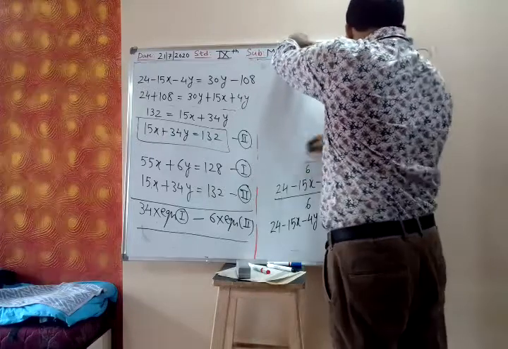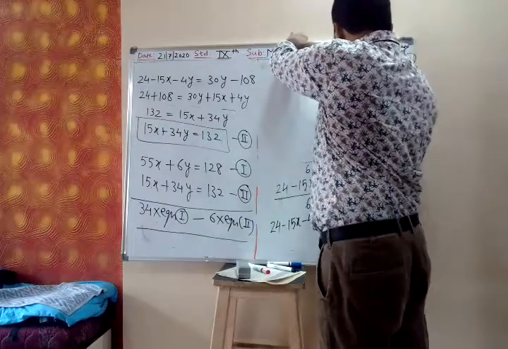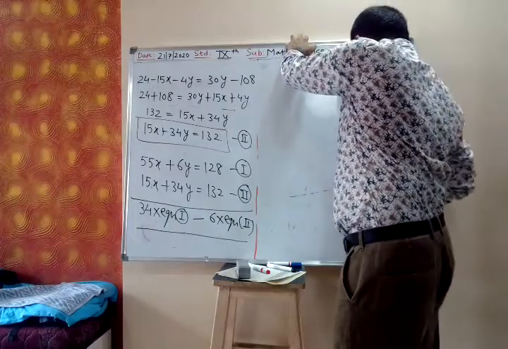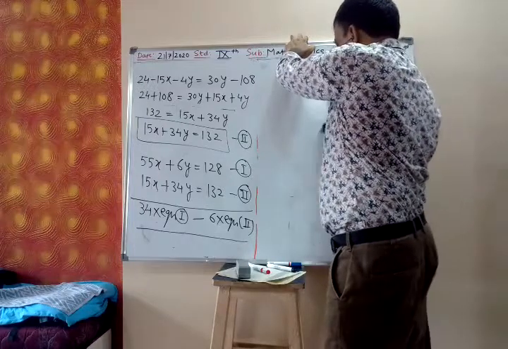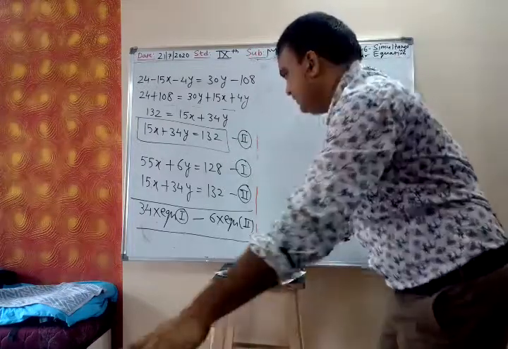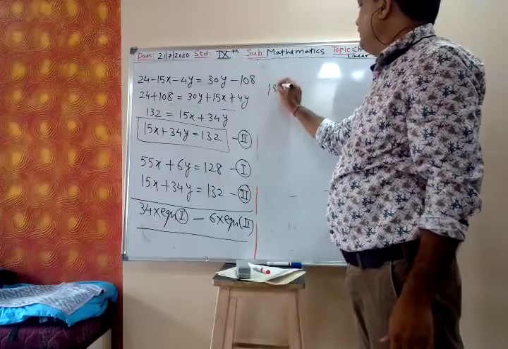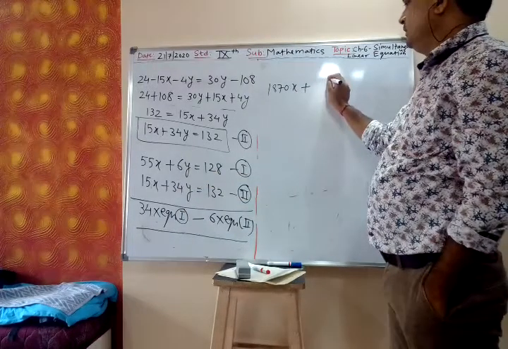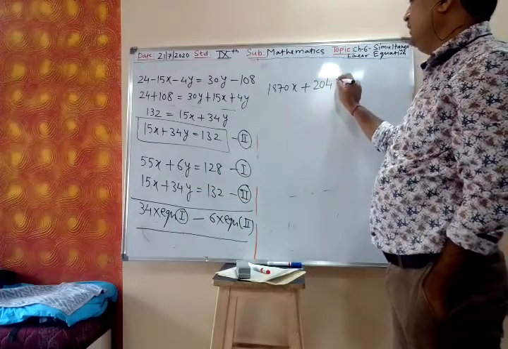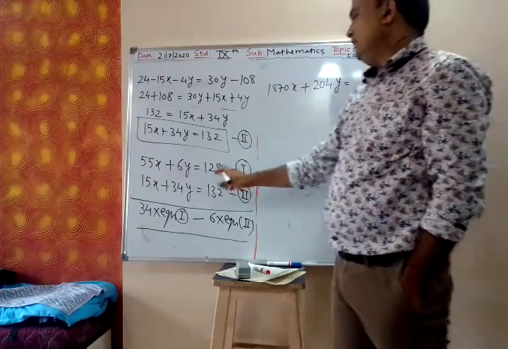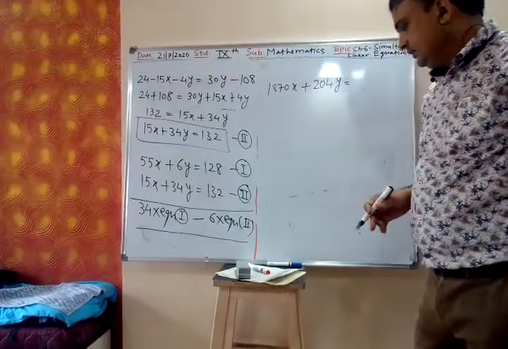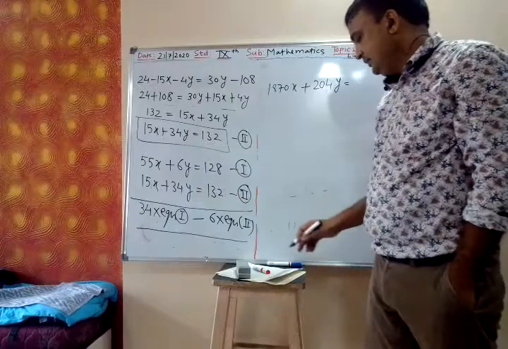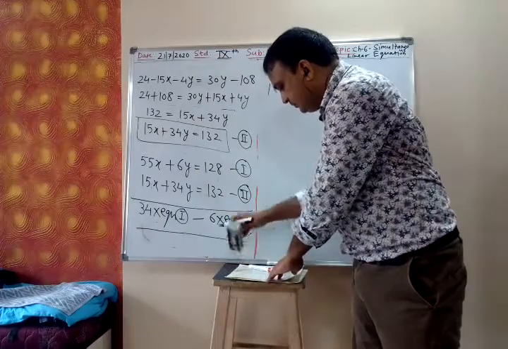Tell me the answer first. 34 into 55 is 1870x. 34 into 6 is 204y is equal to 34 into 128. Now multiply 34 into 128.